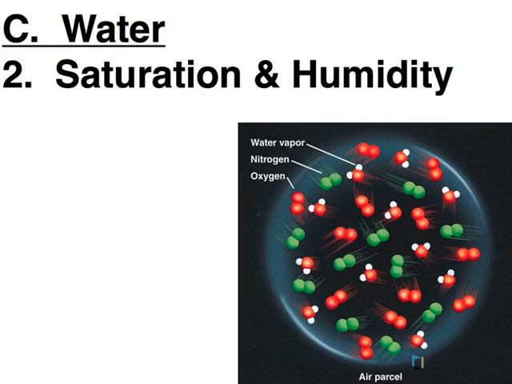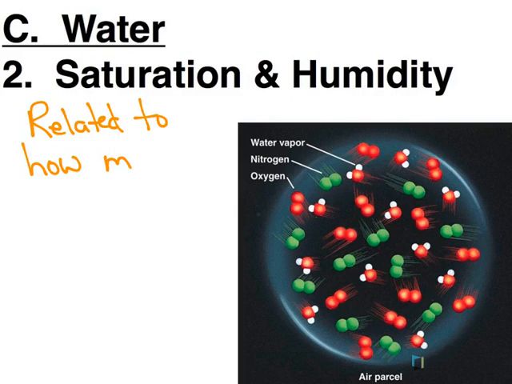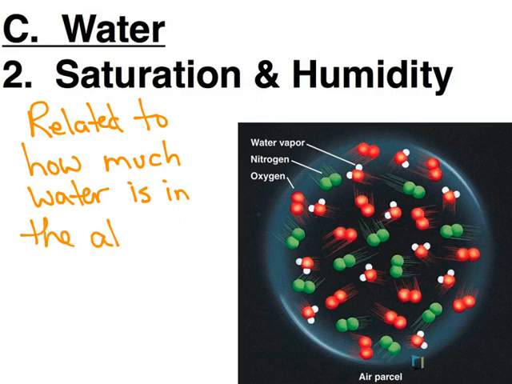Saturation and humidity. So our atmosphere holds water, and the ideas of saturation and humidity are related to how much water is in the atmosphere. So let's look at these two concepts separately.